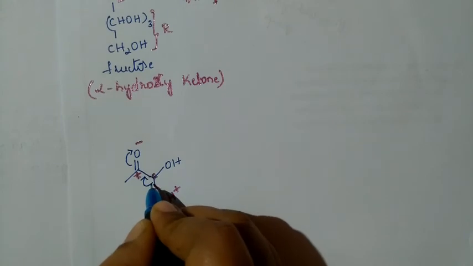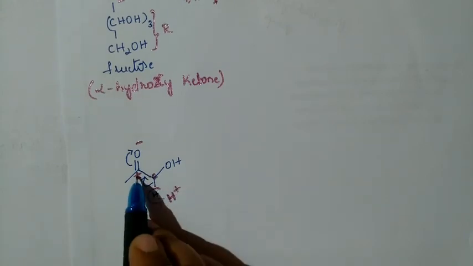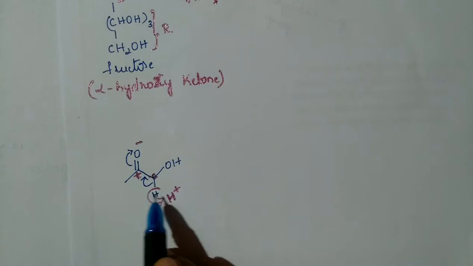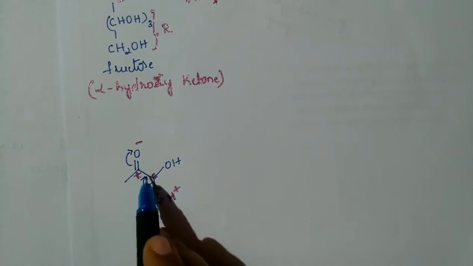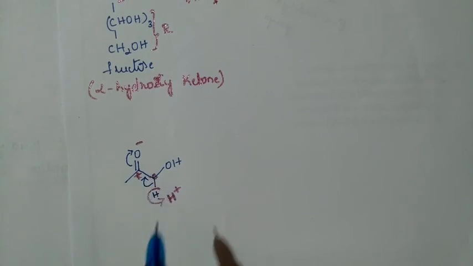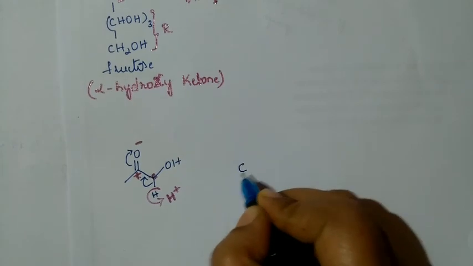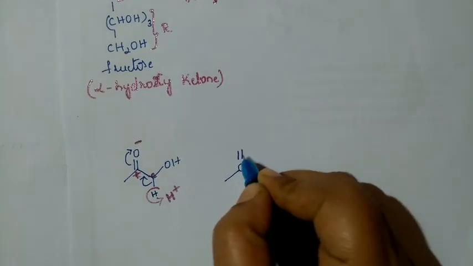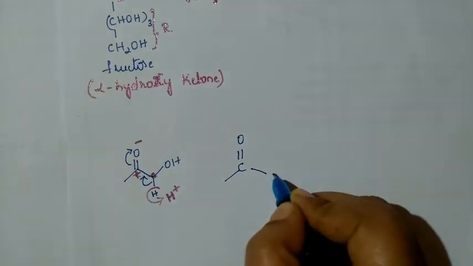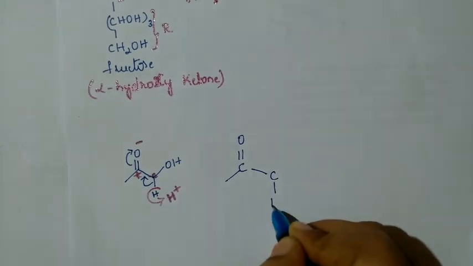Why is it going to shift this side? Because this carbon has a positive charge. So the bonded pair of electrons shifts toward this side, making this one a double bond. Observe properly. If it has not been understood, I'll draw it a little more like this. Double bond. We have carbon. We have hydrogen.